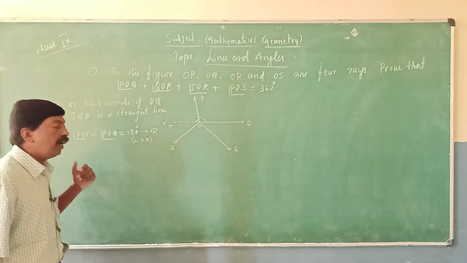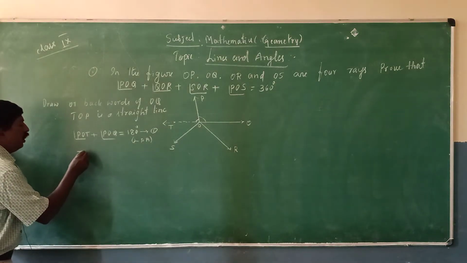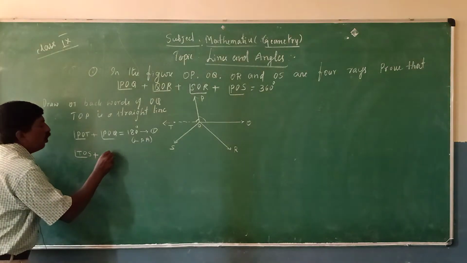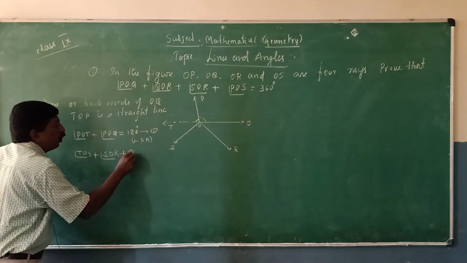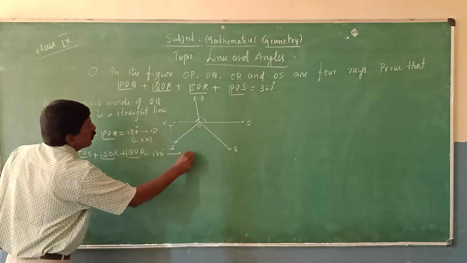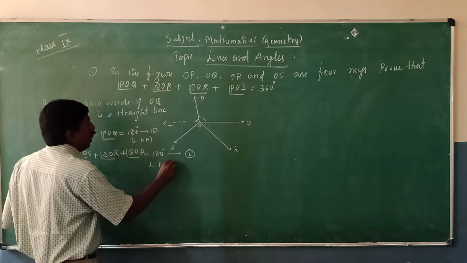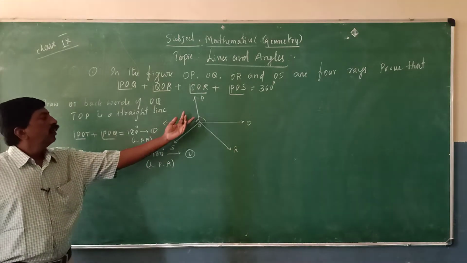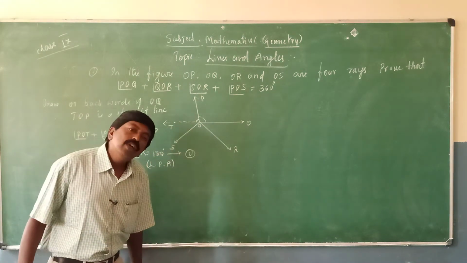Therefore, from the figure, TOS plus SOR plus QOR is equal to 180 degrees. Call this equation 2. The reason is linear pair of angles. Here the sum of these two angles is 180 degrees, and the sum of these three angles is also 180 degrees.